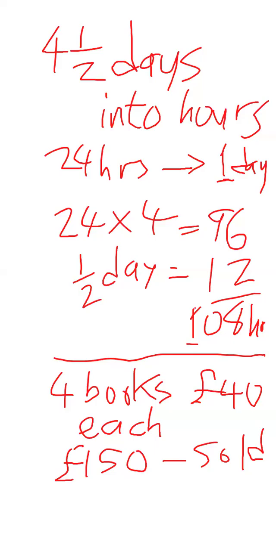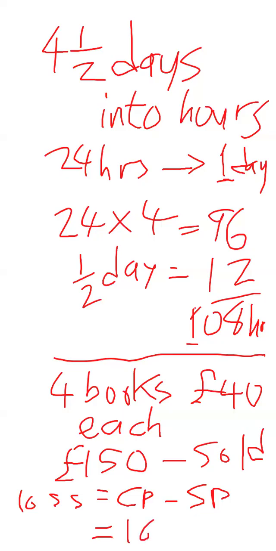And then if you were to sell all of those 4 books for 150, you'll be in £10 loss. Correct. That's right. So that would be the cost price minus the selling price. The cost price is 160, like you said, minus 150, so that would be 10 pounds, right? Okay, nice.